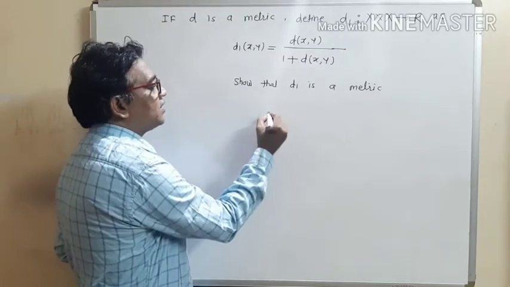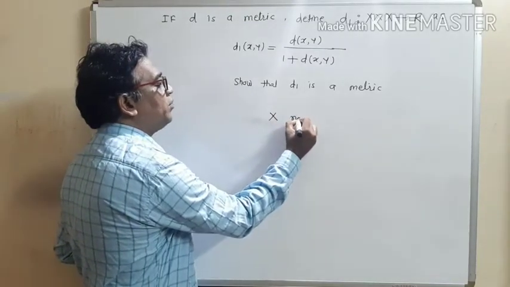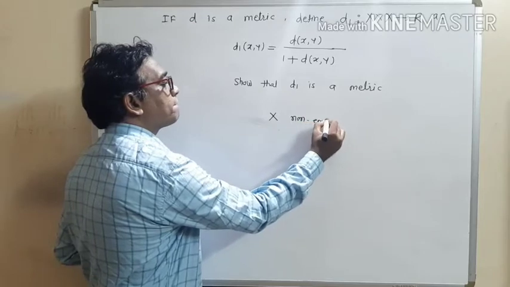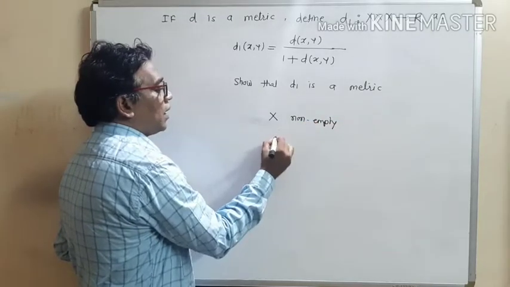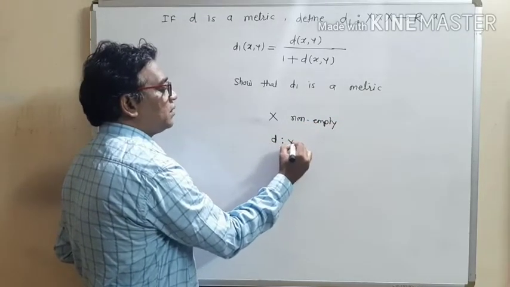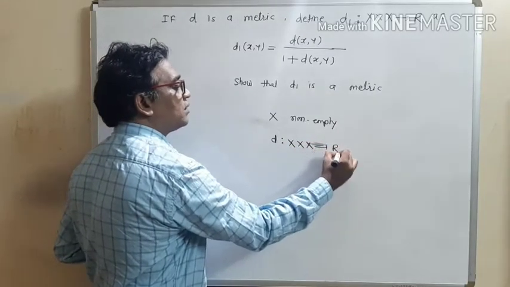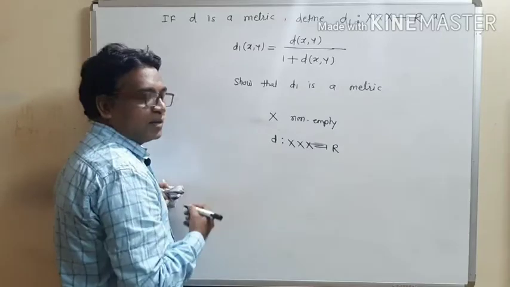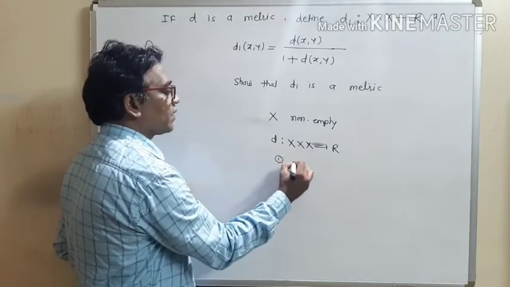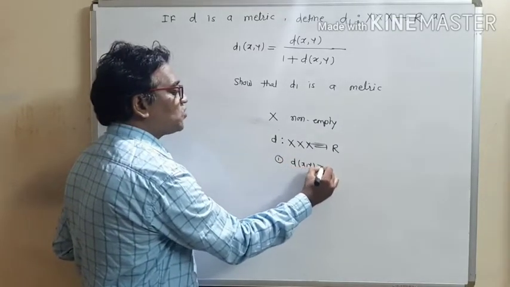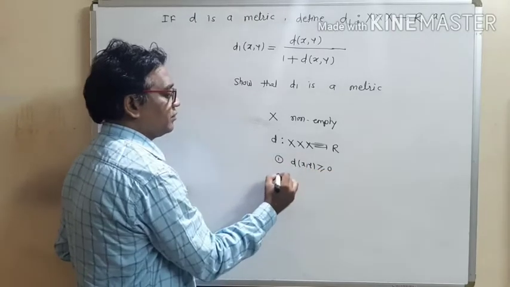If X is any non-empty set and if we define the mapping d from X cross X to R satisfying the following conditions: distance of x,y is non-negative.